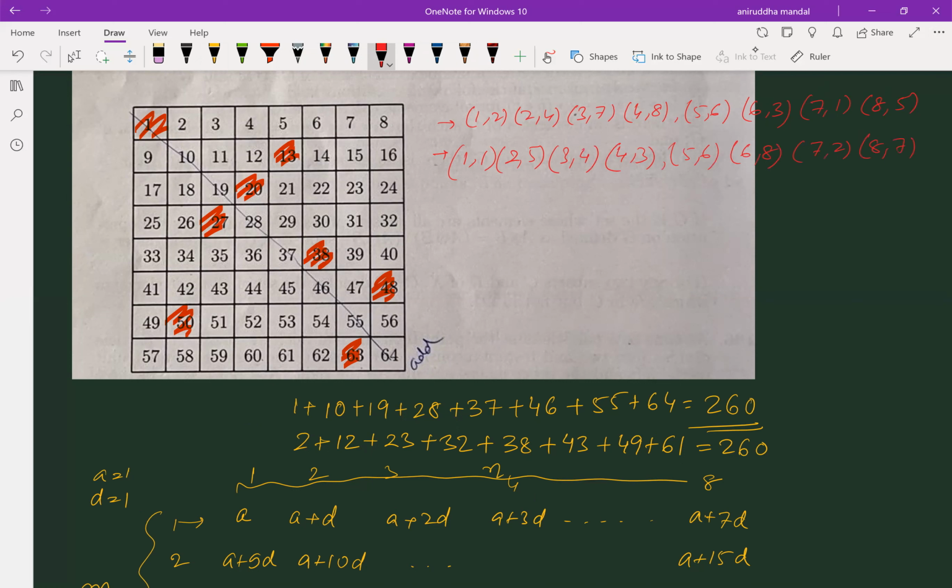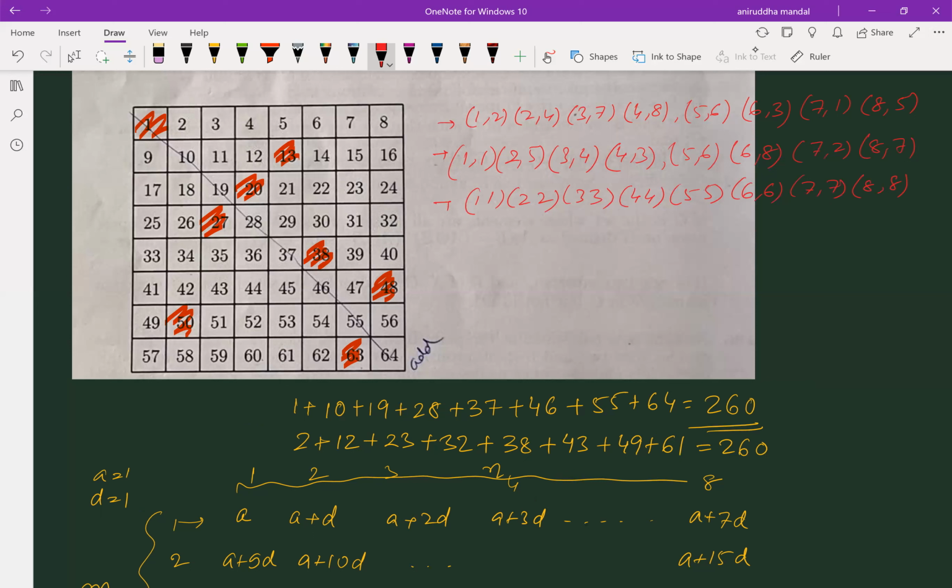Okay, and the initial blue arrow which is given, I can write this as 1 1, 2 2, 3 3, 4 4, 5 5, 6 6, 7 7, and 8 8.